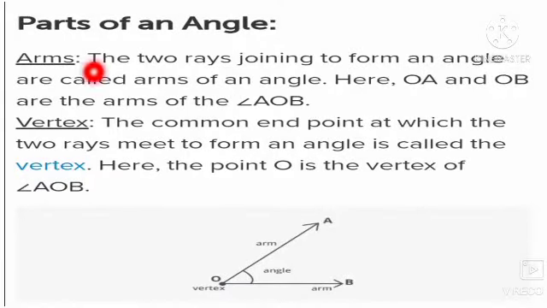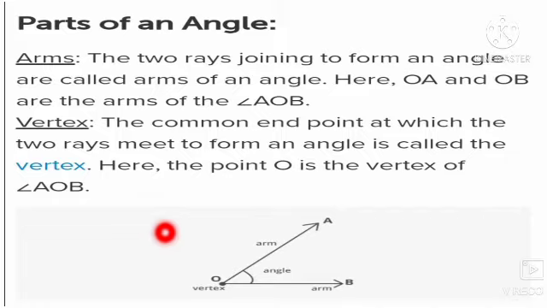Parts of an angle. Arms, vertex. The two rays joining to form an angle are called arms of an angle. Here OA, OB are the arms of the angle AOB. Vertex: the common endpoint at which the two rays meet to form an angle is called the vertex of the angle.